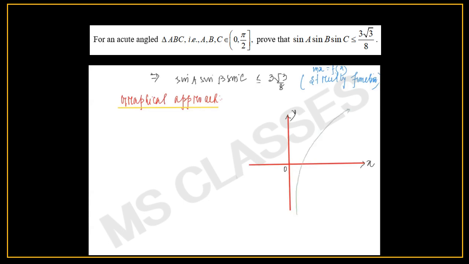This is the graph. Here we can see that f(x) equals ln sin x. So f(x) is concave downward.